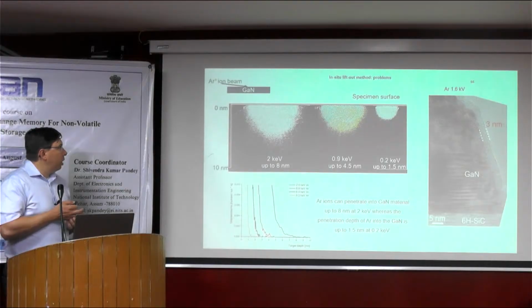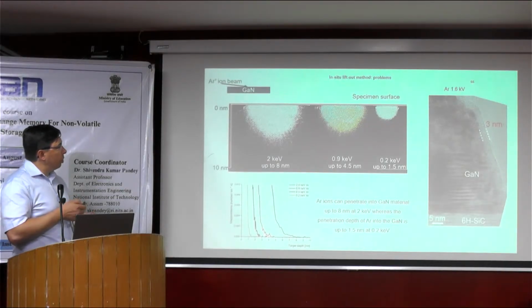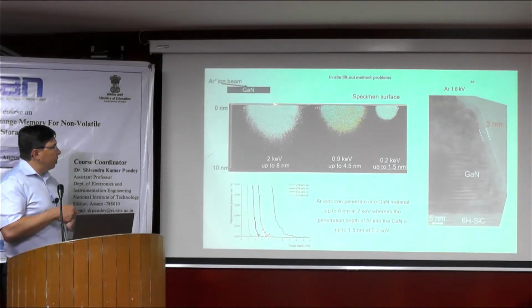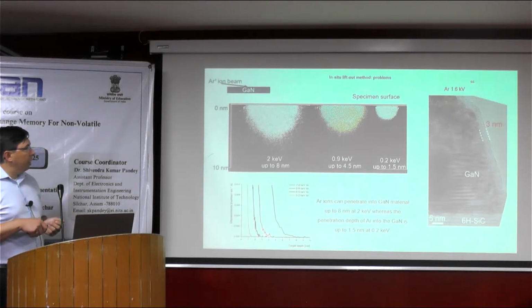Here again is some stream simulation of the ion beam penetration into the sample. Here we use gallium nitride. We can see that if we reduce the ion beam energy to 2 kilo electron volt, the penetration depth is maybe up to 8 nanometers.